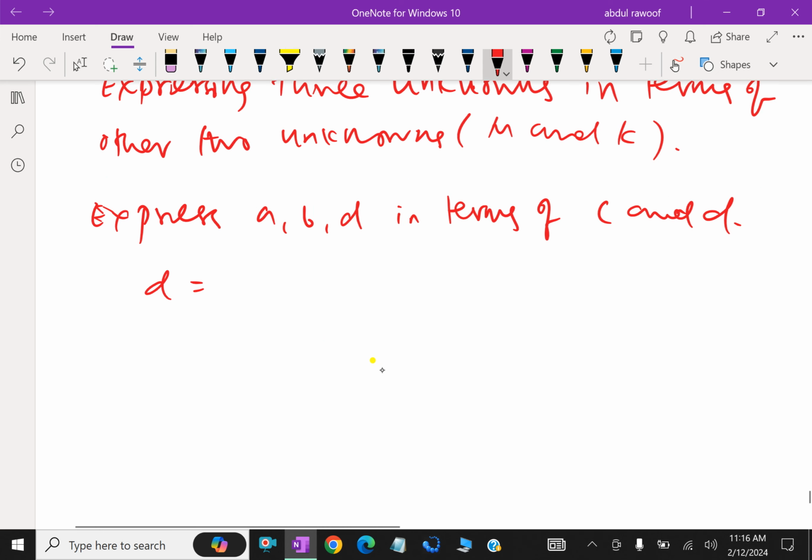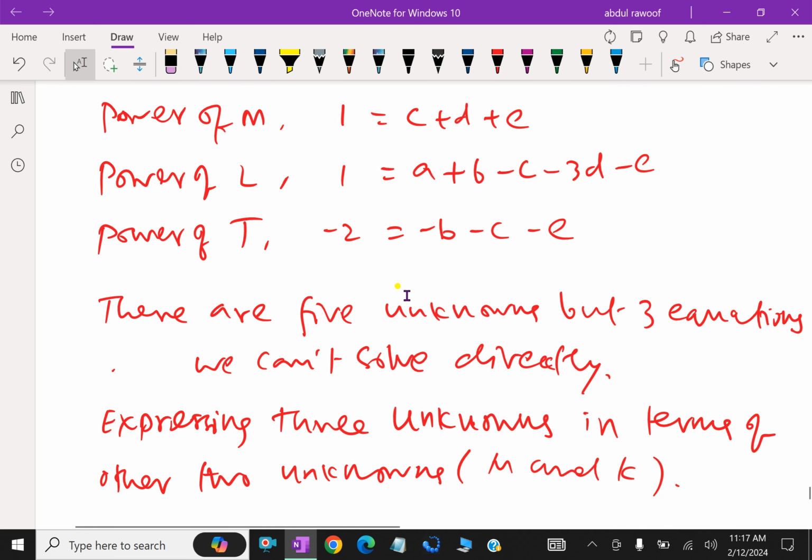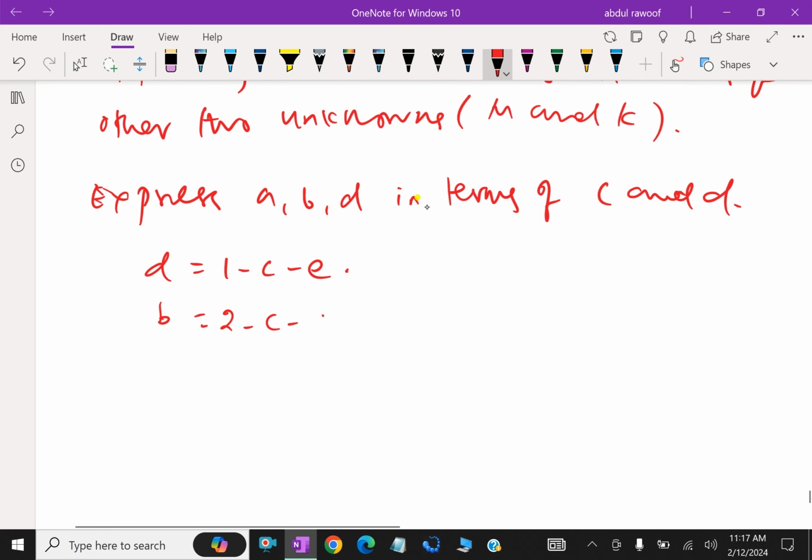First, d equals 1 minus c minus e. Then b equals 2 minus c minus 2e.